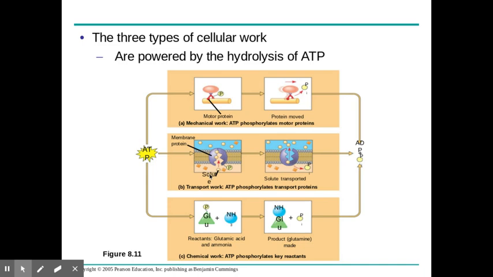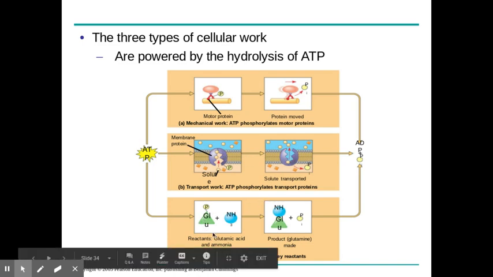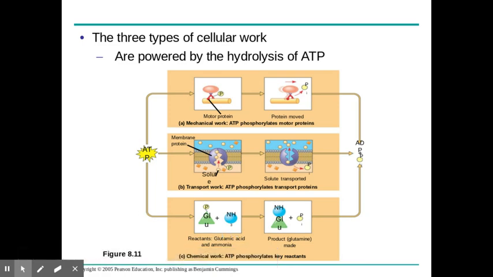Again, for this one, we have transport. This is your cell membrane. This is active transport. So we're moving low to high against the concentration gradient. ATP is going to phosphorylate this protein, which changes the shape. And then this last one, what it's doing is a more chemical approach.